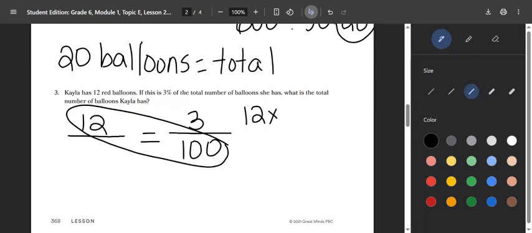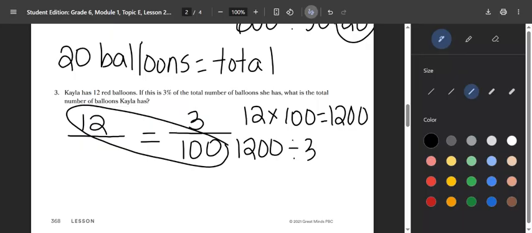12 times 100 is 1200. And then 1200 divided by 3 is 400.